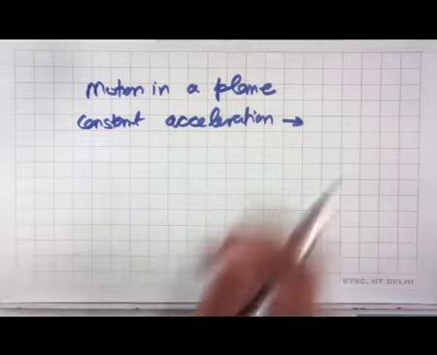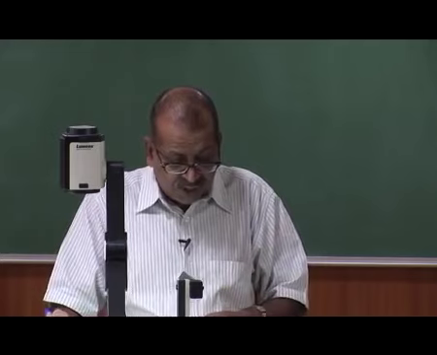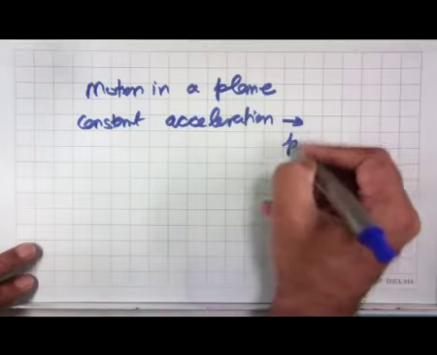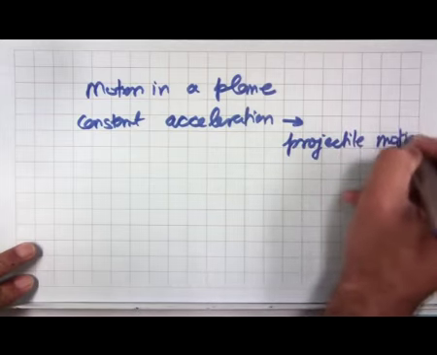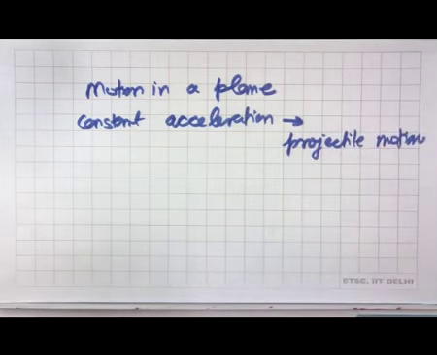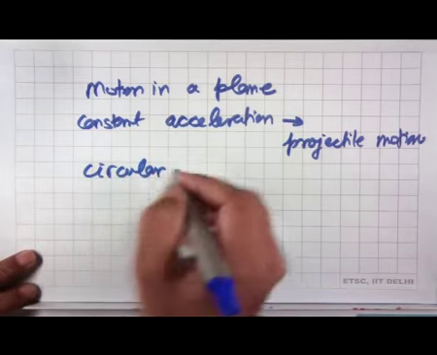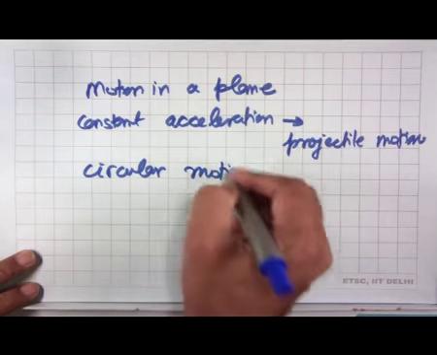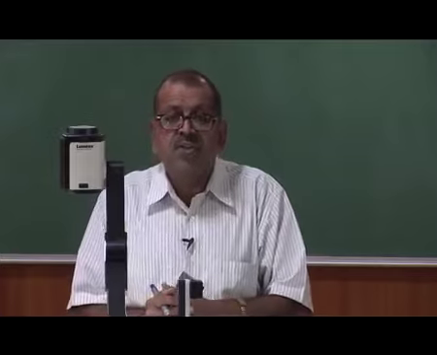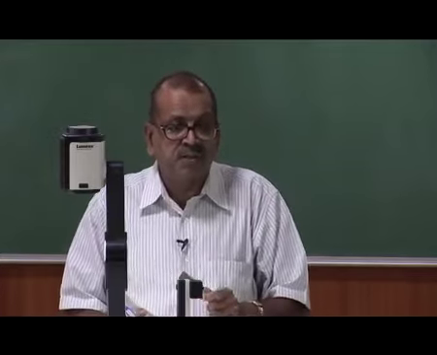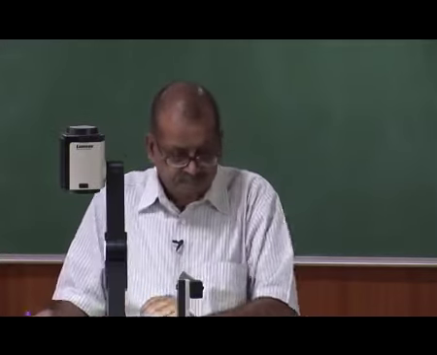Because this is motion in a plane, it will have multiple directions, and if acceleration is constant, this is what leads us to a special type of motion which we call projectile motion, and which we will explain. And finally, in the last part of this unit, we will study circular motion, a point which is moving, and as it moves it traces a circular path. So, these are things which we will study in this unit.